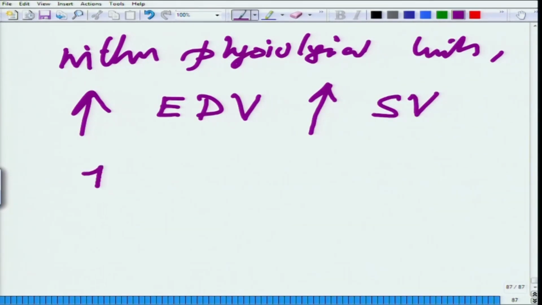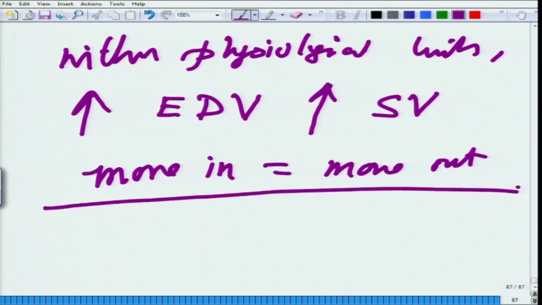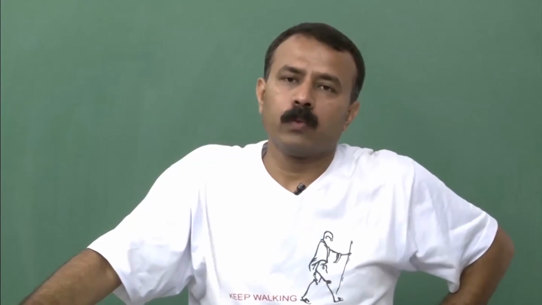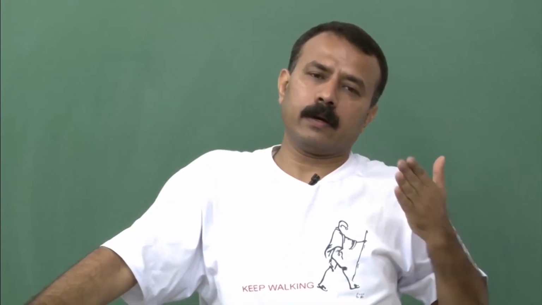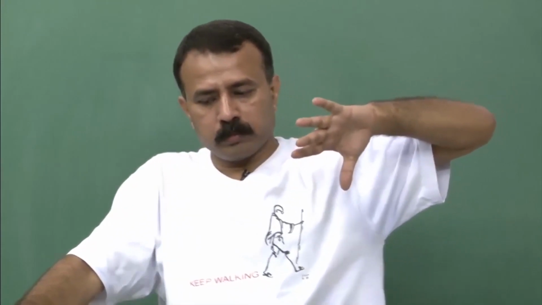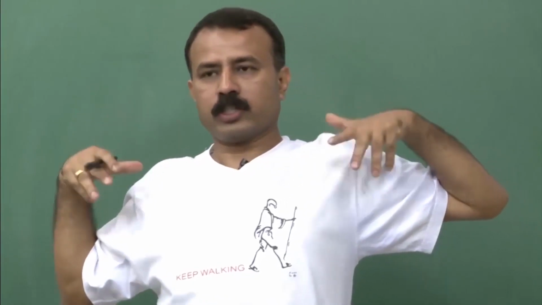So, in other words, sometimes it is called more in equals more out, and this was first developed by Ernst H. Starling based on some of the findings of Otto Frank, and now it falls under something called the Frank-Starling law or Frank-Starling rule, which basically says that within the physiological limit, the ventricles can expand as more and more stretching is allowed.